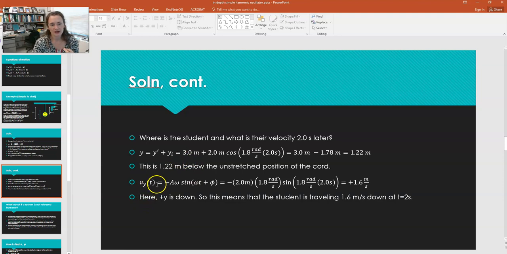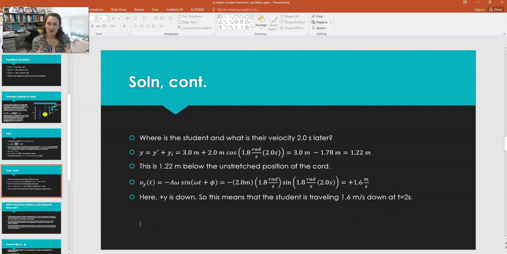Plugging in a is 2 meters, omega is 1.8 radians per second, and t is 2 seconds, I end up with V equal to plus 1.6 meters per second. Here, plus y is down, so the student is traveling 1.6 meters per second downwards at t equals 2 seconds.